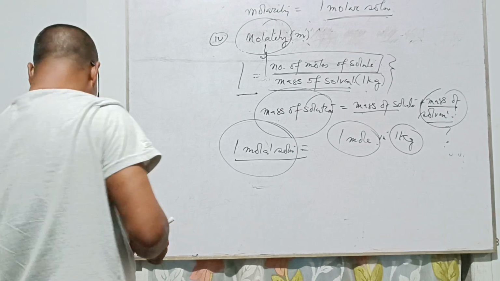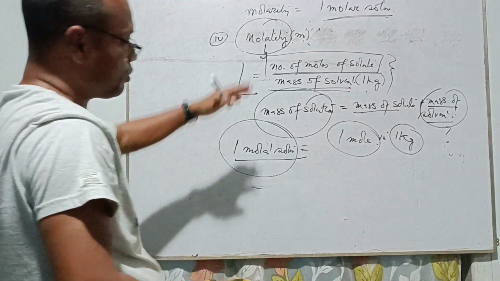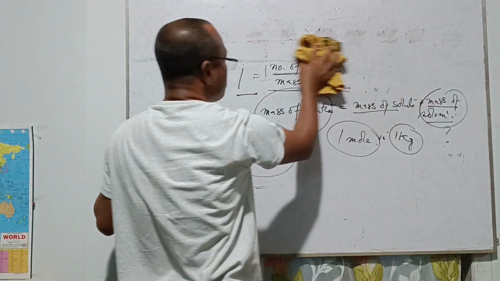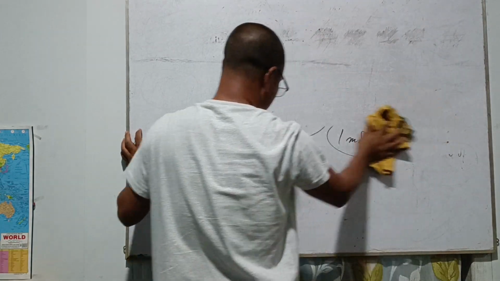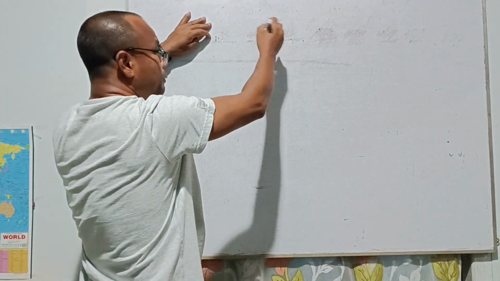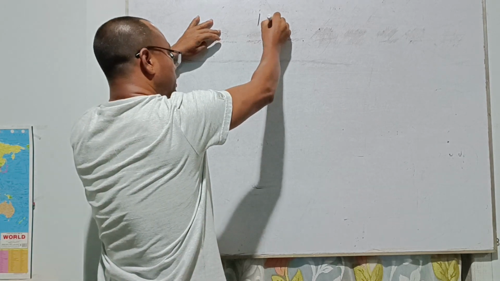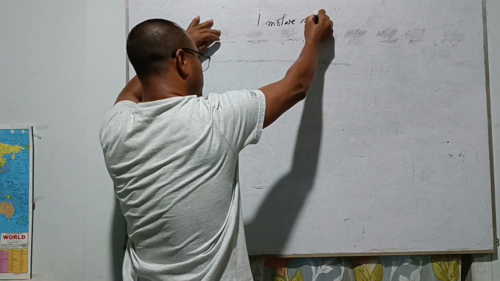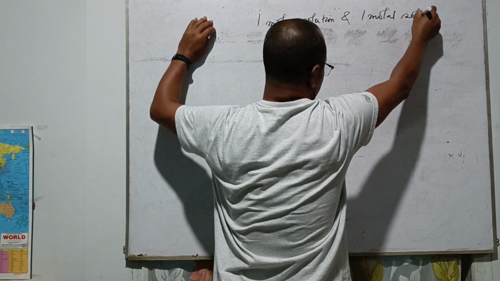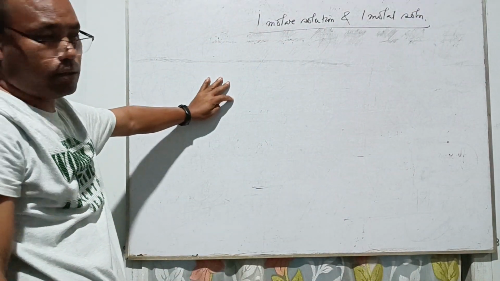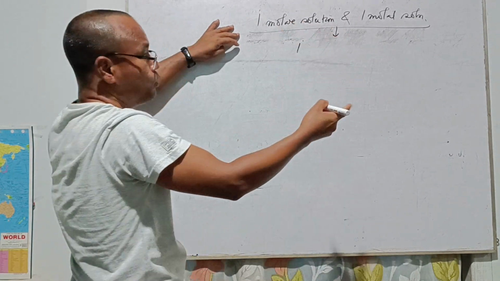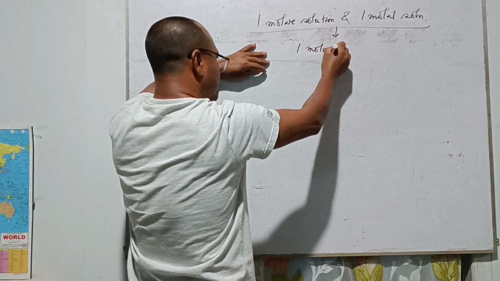So that solution we call a 1 molal solution. I think you understand the difference between a 1 molar solution and a 1 molal solution. Sometimes anyone can ask you what you mean by a 1 molar solution and a 1 molal solution. Here, very important. See, one similarity is that both solutions contain an equal number of moles of the solute: 1 mole of solute.